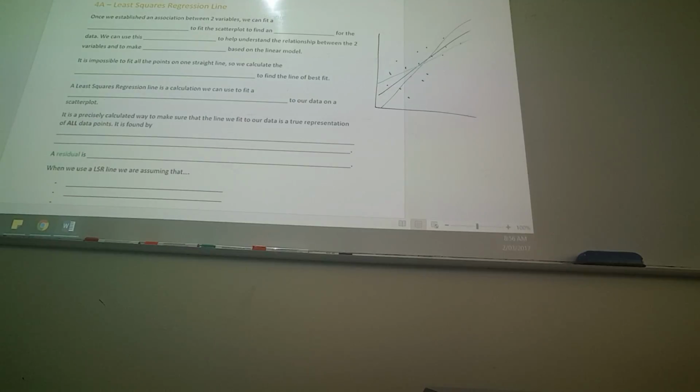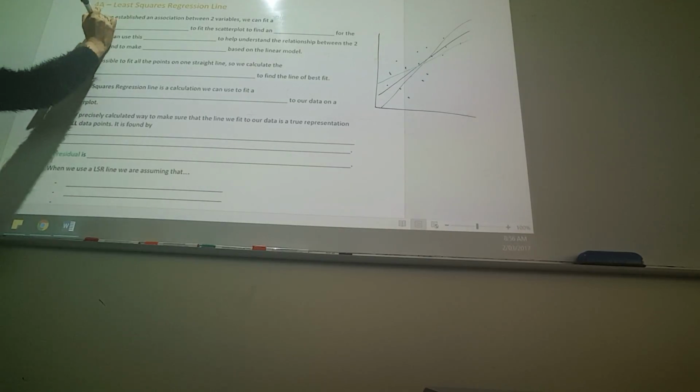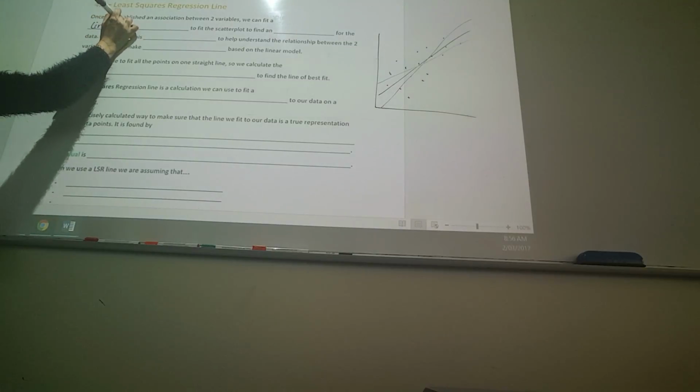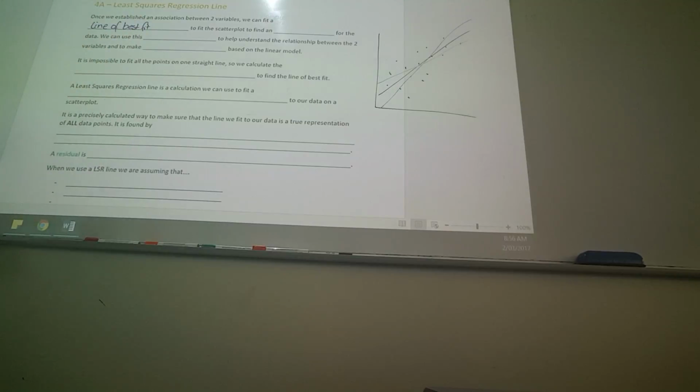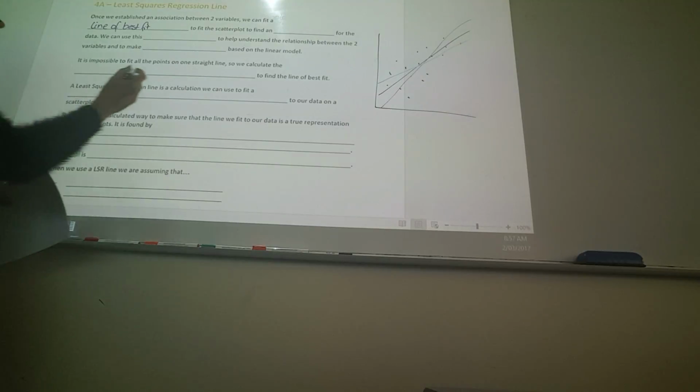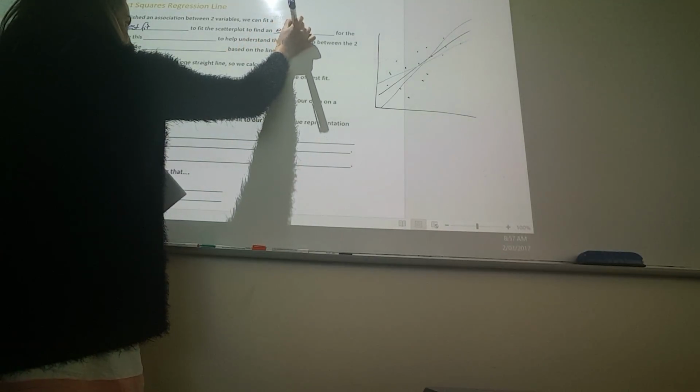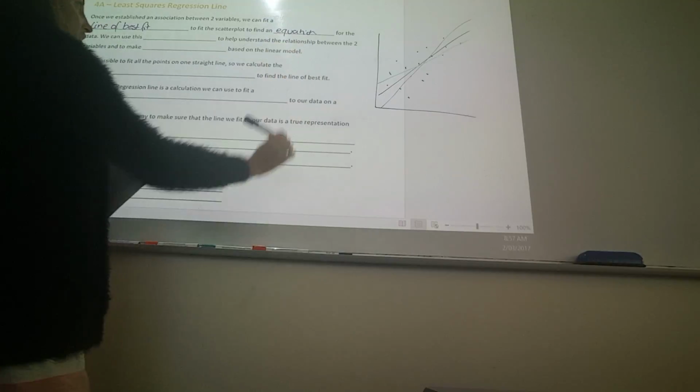Once we establish an association between 2 variables, we can fit a line of best fit to fit the scatter plot. And once we've got that line of best fit, we then find an equation for the data.